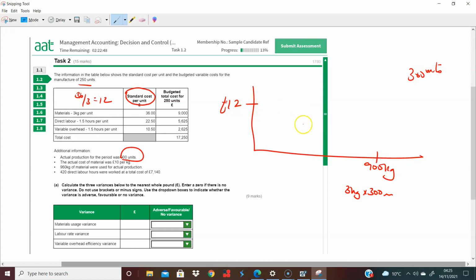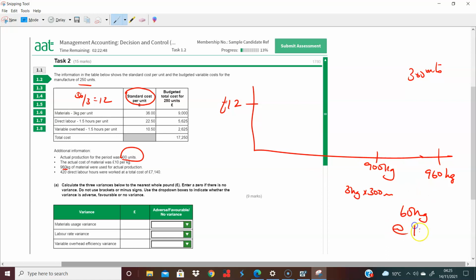That's the plan. Now, this first question is just asking for material usage. And so material usage simply requires me to find out how many kilograms were actually used. So you actually used 960 kilograms, which is adverse. You used 60 kilograms more than you should have.